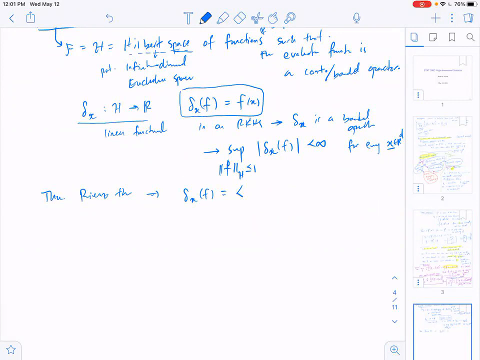Just like in R^d, you can write it as h times f, where h belongs to the Hilbert space. So there is a member, let me call this k of x, where k of x is just a member of the Hilbert space.